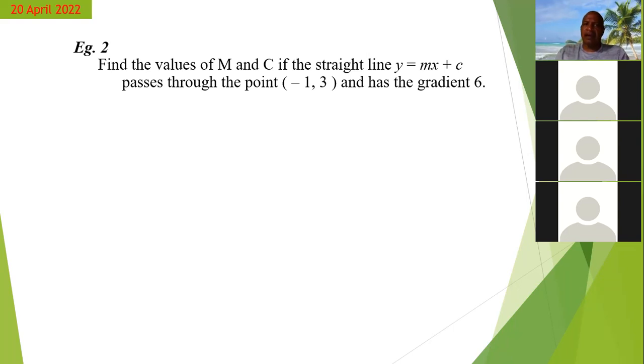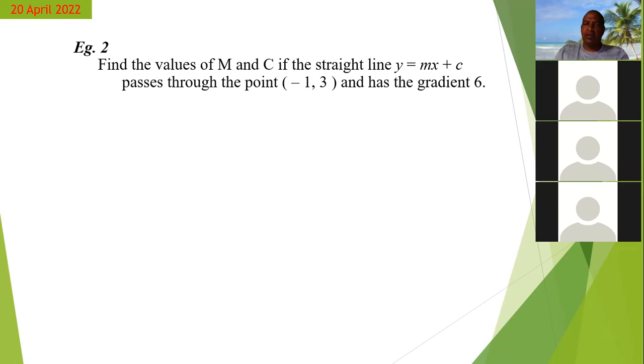It says, find the value of m and c if the straight line y equal mx plus c passes through the point -1 and 3. So x equal -1, y equal 3. And it has the gradient of 6.